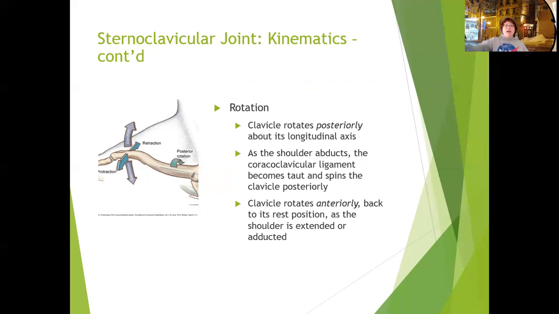As the shoulder abducts or flexes, the coracoclavicular ligament becomes taut and it spins the clavicle posteriorly. We don't have a muscle that does that motion. It's an accessory motion that comes with other motions, and it happens because it tautens the ligament and spins the clavicle posteriorly. The clavicle rotates anteriorly back to its rest position as the shoulder is extended or adducted.